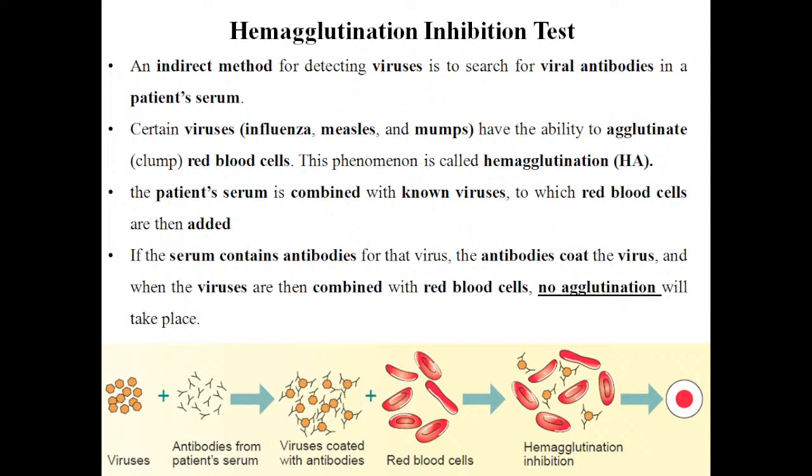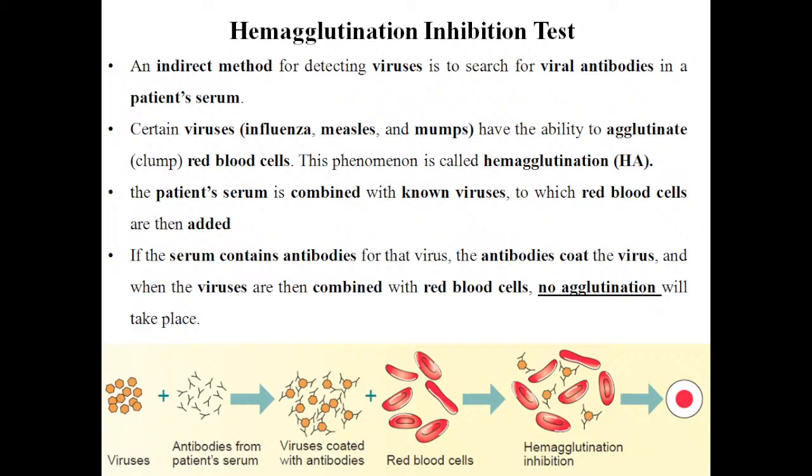This phenomenon is called hemagglutination. So some respiratory viruses have spikes with hemagglutinin on their surface that provide clumping of human red blood cells. It is called hemagglutination. But this test is called hemagglutination inhibition.